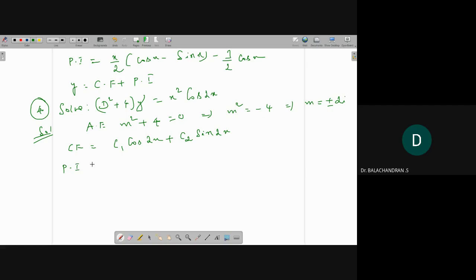And the particular integral equals 1 by D square plus 4, right hand side is x square into cos 2x. You can write this as 1 by D square plus 4 of x square into the real part of e power i2x.